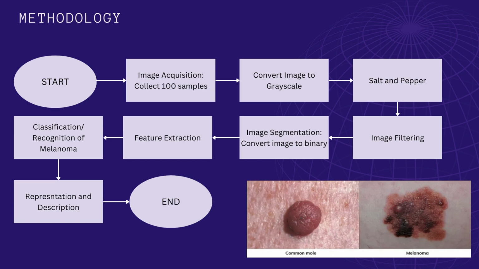Feature extraction follows, where critical attributes of the segmented regions are quantified. These attributes include the area, size of the cancer computed from the segmented region, which provides insight into the extent of the melanoma.